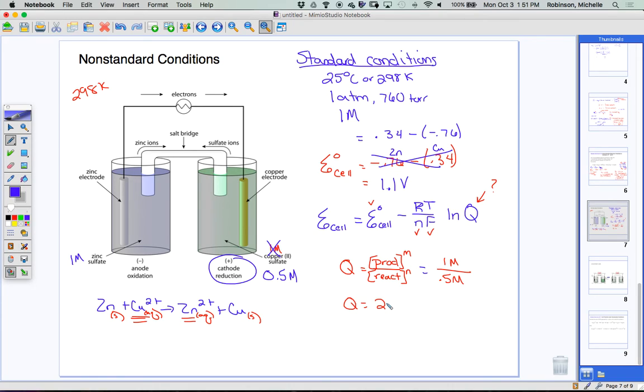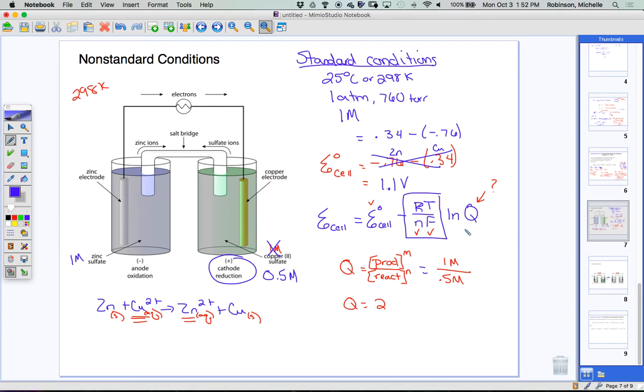Punch in 0.2 or 0.01 and hit natural log. So when Q is bigger than 1, what does it do to the cell voltage? It goes down, because all these numbers in here are positive, yes? So the bigger the Q, the smaller the voltage.